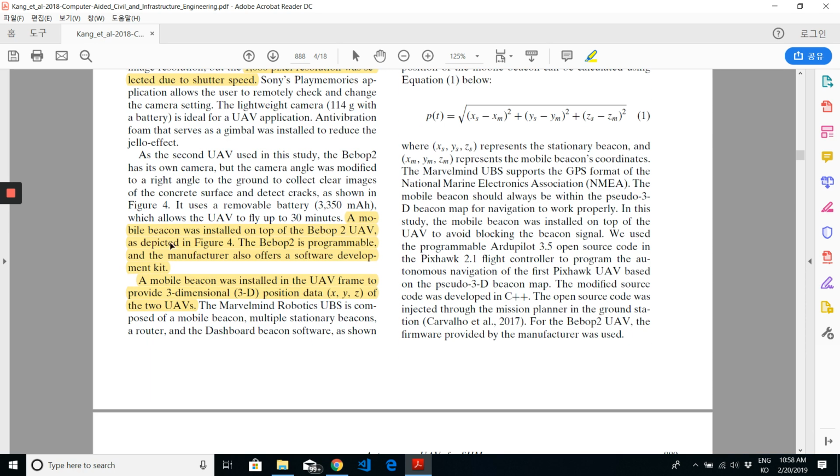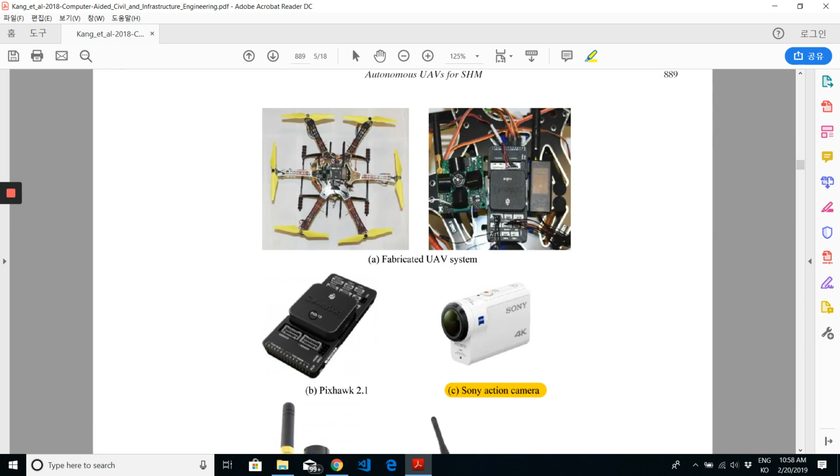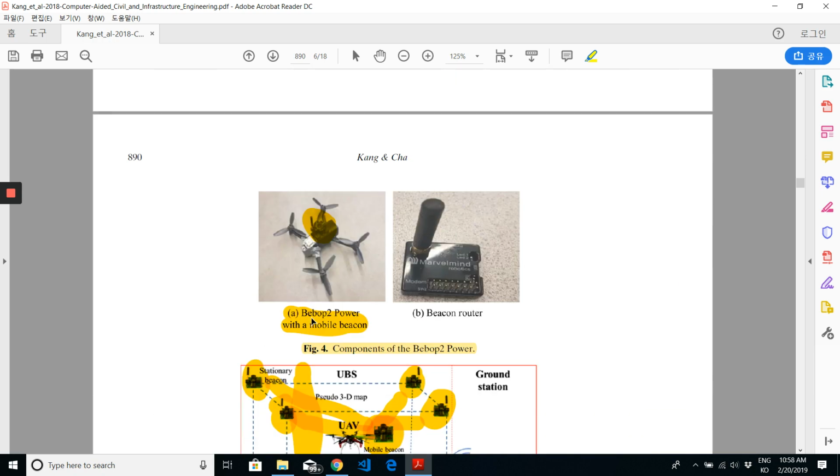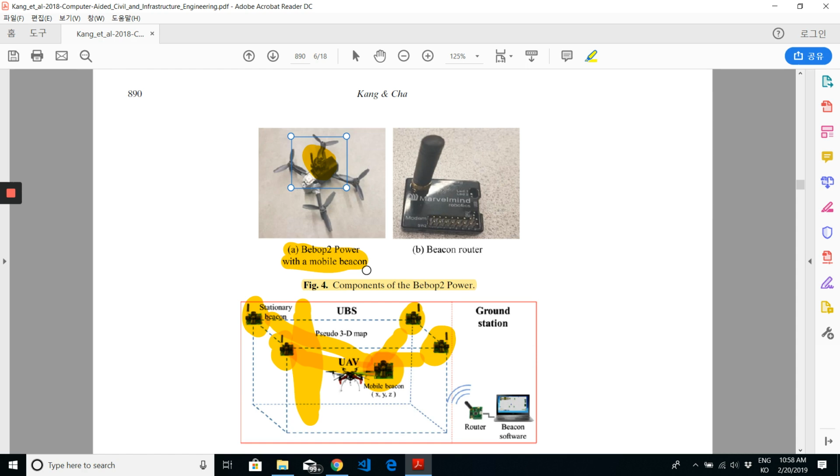As I mentioned, you need to install the ultrasonic beacon on top of the UAV because it is really good against noise. Otherwise, if something blocks your ultrasonic beacon system or GPS, you cannot get a good localization result.